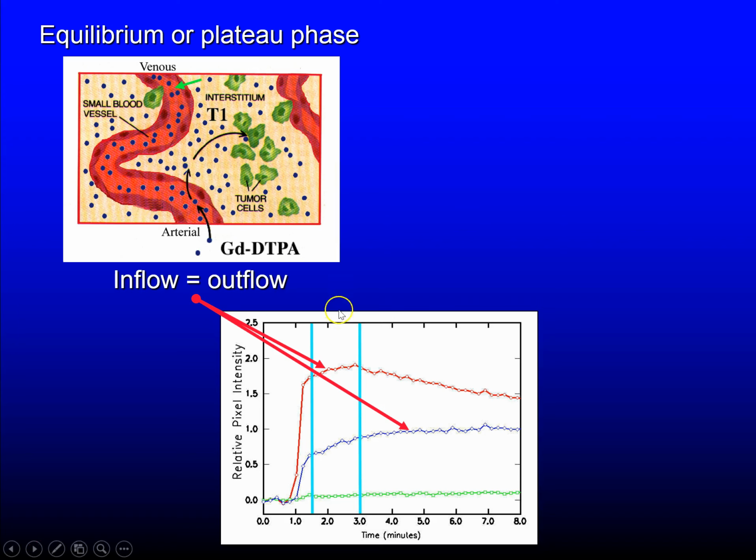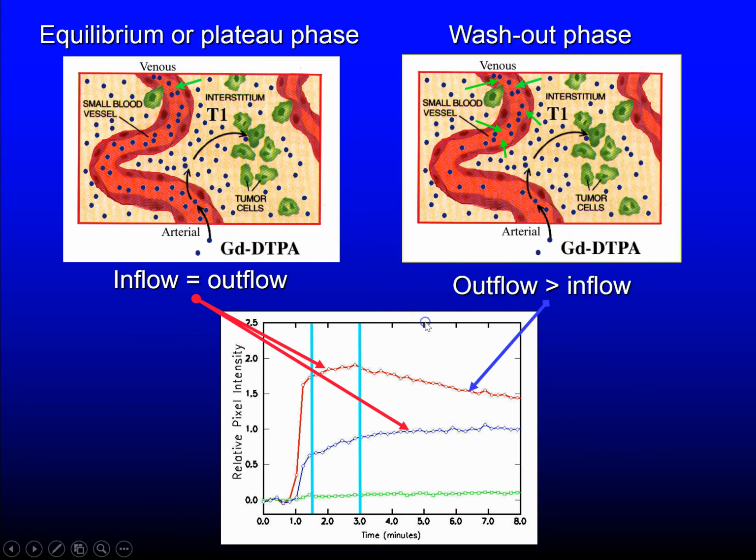So the plateau phase, here on this curve, represents the fact that the gadolinium, which leaks into the extracellular space, is leaking out at the same rate as it's leaking back into the venous side of the circulation. And then clearly during the washout phase, the gadolinium is going out from the extracellular space back into the vascular space, and that's what causes this washout.